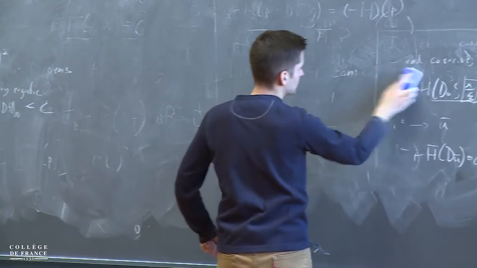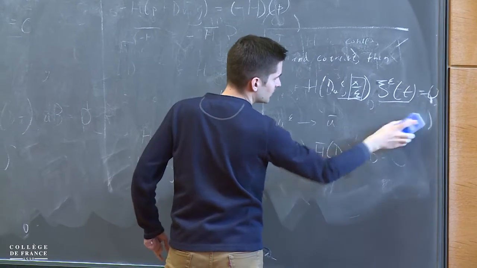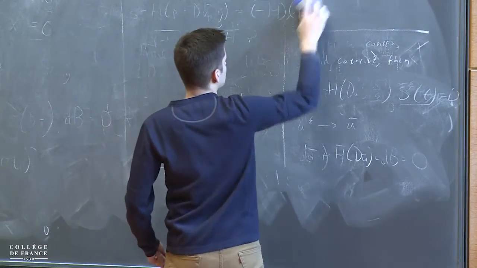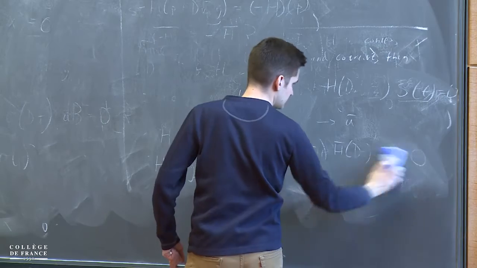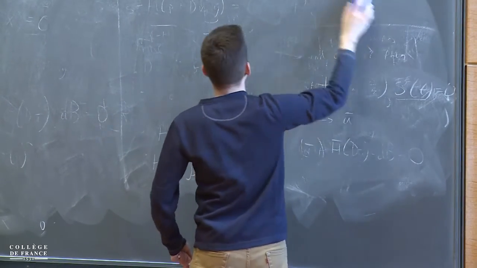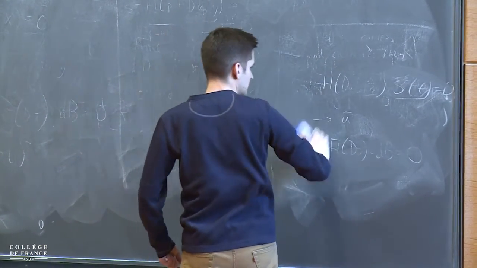And there, what we find at that level is that the scaling gives us exactly, we actually get a homogenization problem.